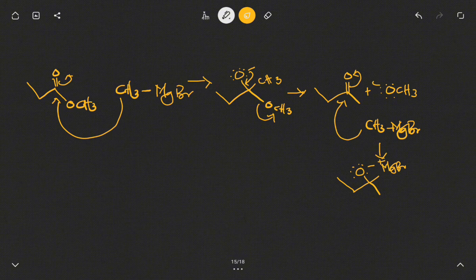So if you introduce an acid, H3O plus, the oxygen with a negative charge is going to reach out and pick a proton, getting itself protonated. And so you should be expecting to have a tertiary alcohol.